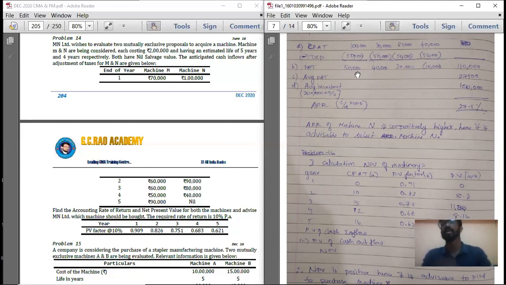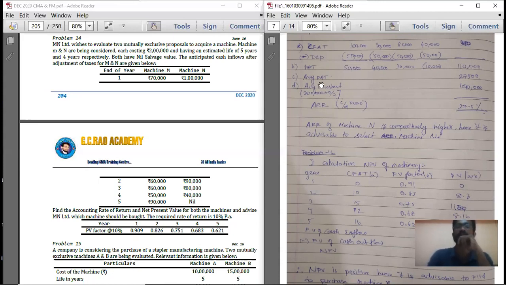So the average PAT is 1 lakh 10,000 divided by the number of years, which is the life of the machine, 4. Whole divided by the initial investment, 2 lakh, into 100.